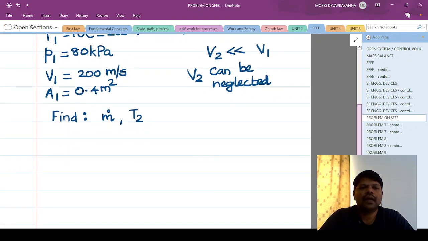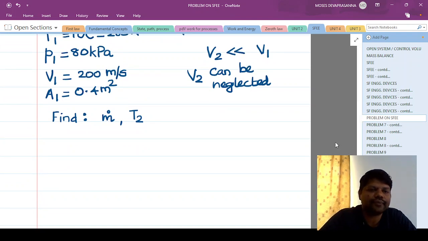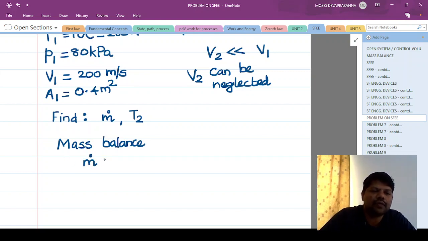Now, in solving this problem, we are going to use two equations. One is a mass balance equation. From mass balance equation, I can determine the value of mass flow rate m dot. So let us write the mass balance equation. m dot is equal to rho 1 A1 V1, density, area and velocity at the inlet.